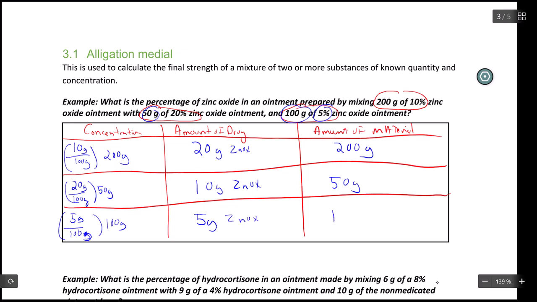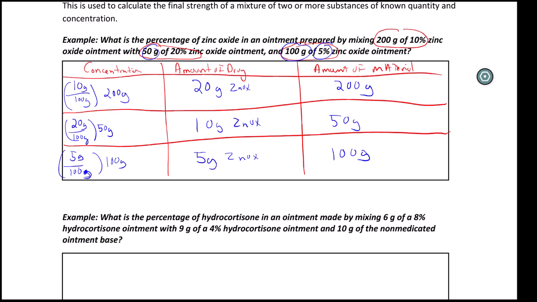Once I have that, the question is, what is the final concentration? What is the percentage of zinc oxide in an ointment that's prepared by mixing these three? In order to get a percentage, I need two things. I need to know the amount of drug, and I need to know the amount of material that the drug is in. So the amount of drug is this first column.